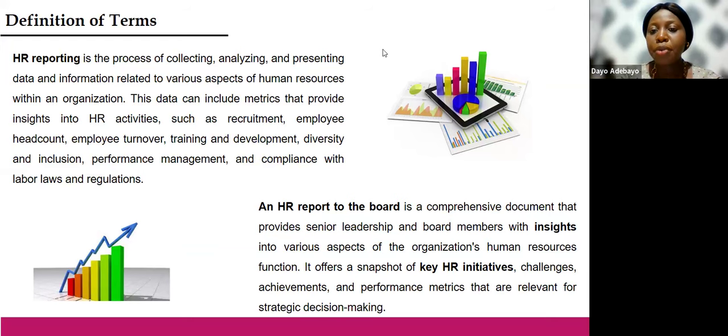When we talk about HR reports to the board, it is more comprehensive. We are talking about a comprehensive document that provides senior leadership members with insight into various aspects of the organization's human resources. It's a summary document that talks about the key things that you do as an HR person.